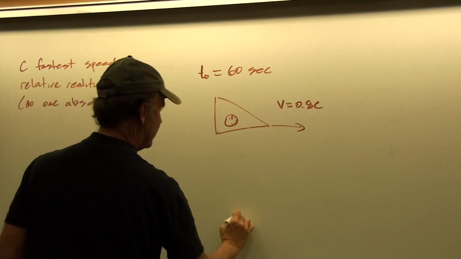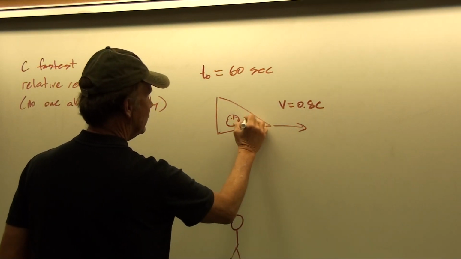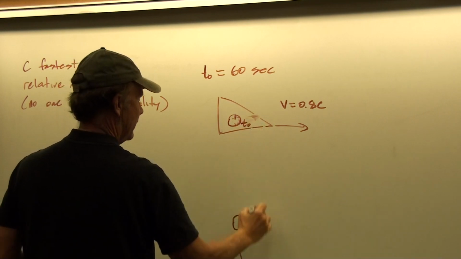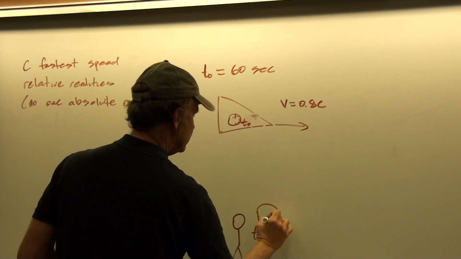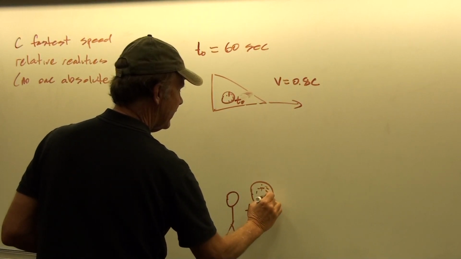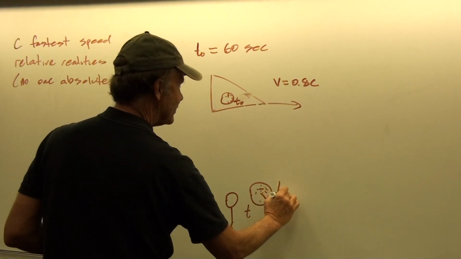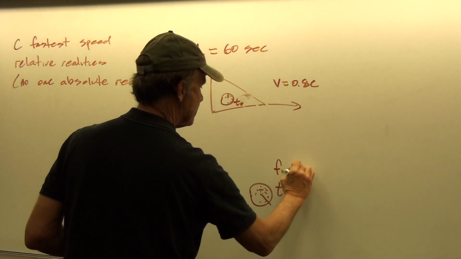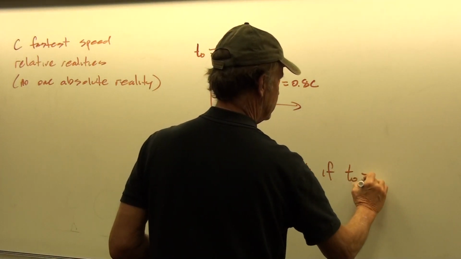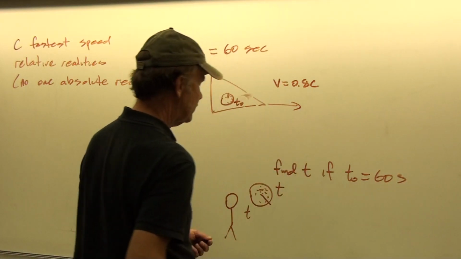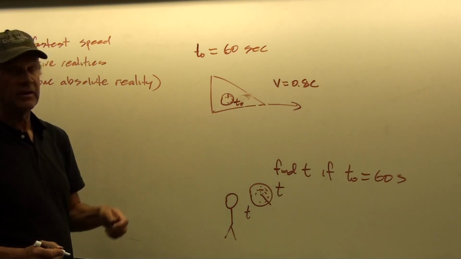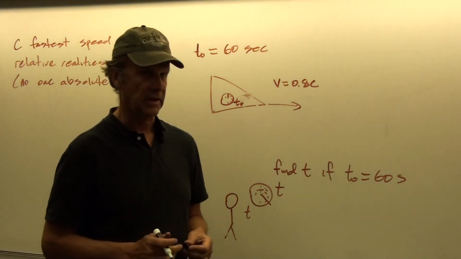You're watching that from the Earth's point of view with your clock. This is t naught. And you're expecting it's going to go all the way around once and then some, right? And so let's find t, if t naught is 60. That shows us how much more time elapses on the Earth's clock than the Earth sees elapsing on the rocket's clock.